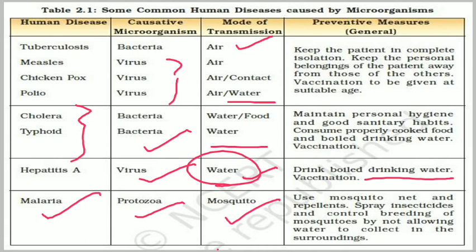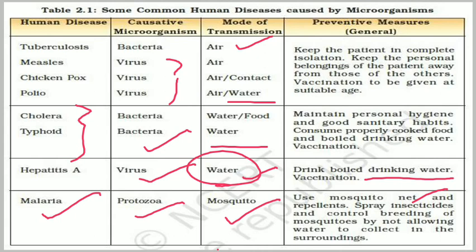We can use a mosquito repellent properly, or we can use a mosquito net, as well as spray insecticides and control the breeding of mosquitoes. How does the breeding of mosquitoes happen? Whenever there is stagnant water, that means water collected at one place for more than a few days or weeks, mosquitoes will grow in that stagnant water, and from there the breeding of mosquitoes will start.